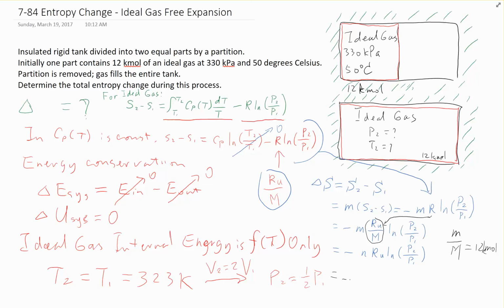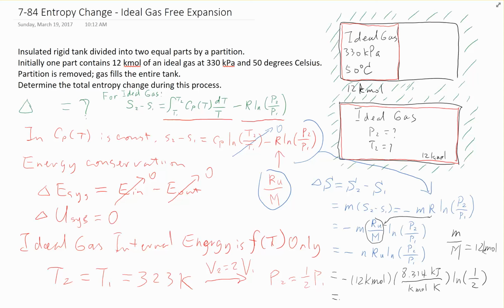This result is negative 12 kilomoles multiplied by the universal gas constant, which is 8.314 kilojoule per kilomole per K, multiplied by this, and we know P2 over P1 is 1/2.